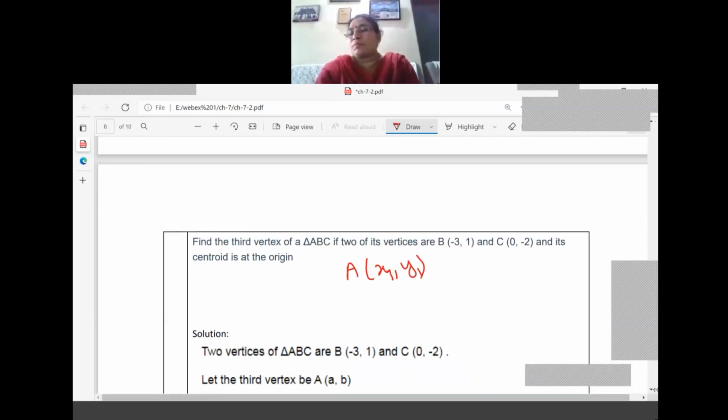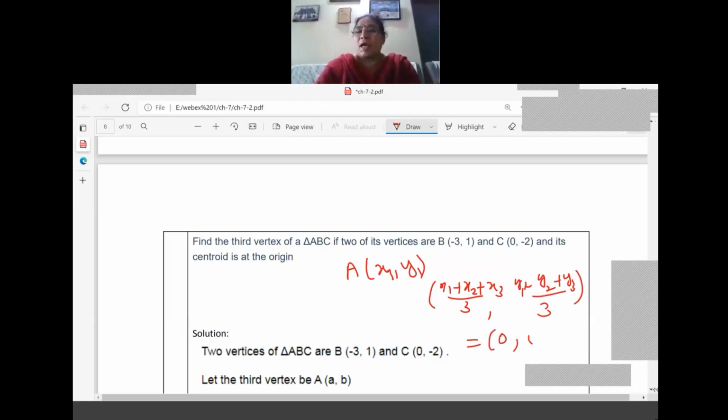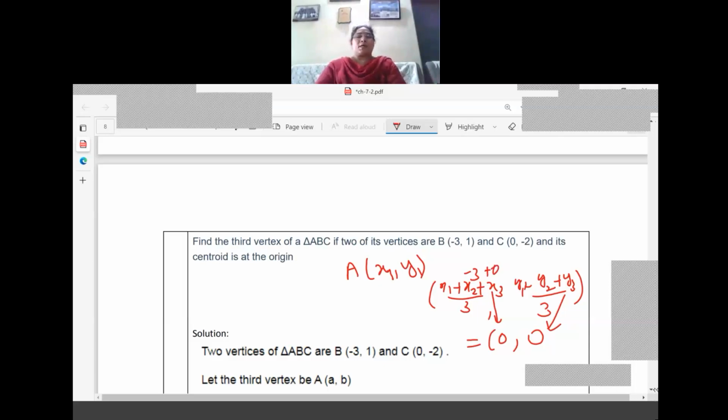So our formula is (x1 plus x2 plus x3) by 3 comma (y1 plus y2 plus y3) by 3, and it is equal to 0 comma 0. So each you should make equal to 0. In that, minus 3 is there and 0 is there for the x coordinate, and for the y coordinate 1 plus minus 2 is there.